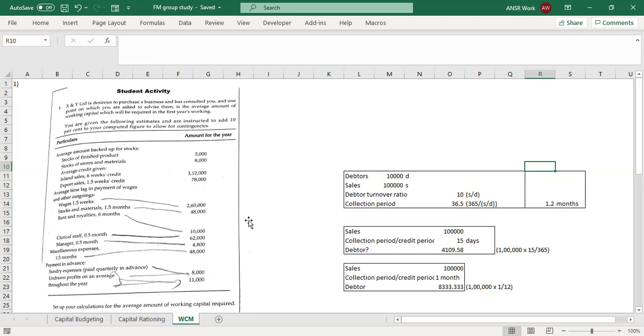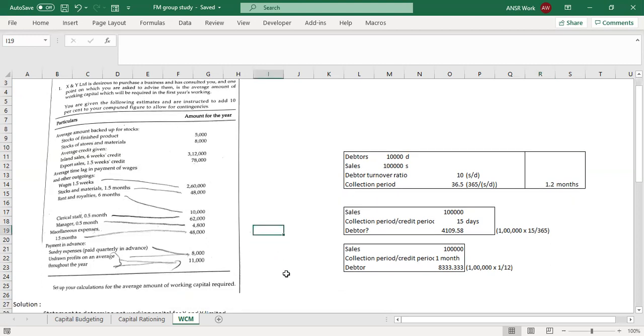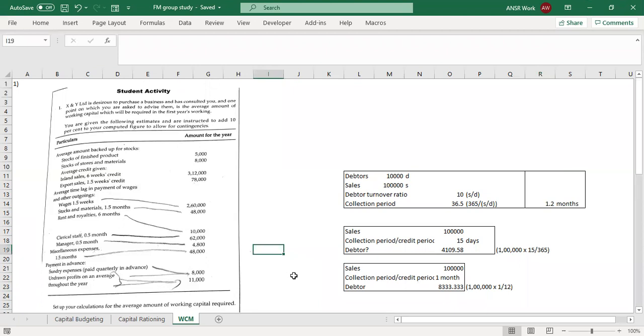If you look at the numbers now, for going further with the question, stock of finished product 5,000. Can somebody tell what is the finished product amount? 5,000. Do you have to divide by 365 and multiply? No, no. Because the amount is for the year.